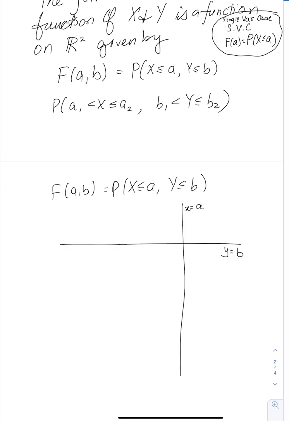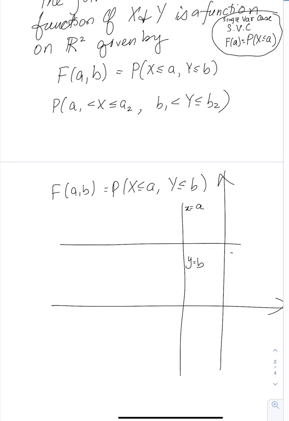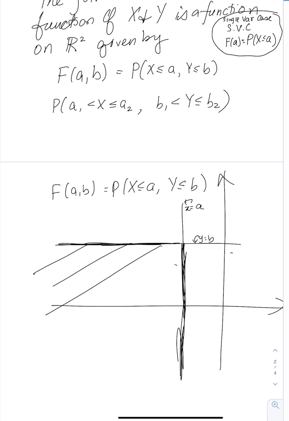Let's suppose you have the R2 and you've drawn the line y equals b, so that horizontal line is y equals b, and this vertical line is x equals a. What is F of (a, b)? That will be corresponding to this region.